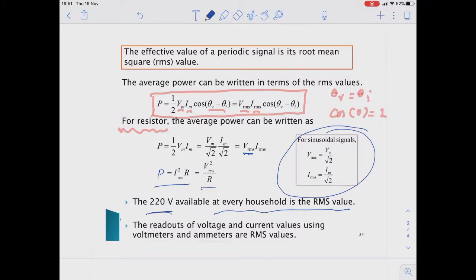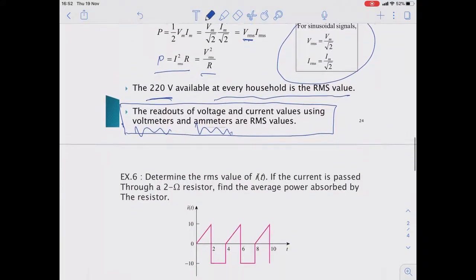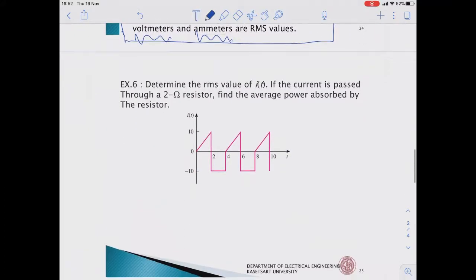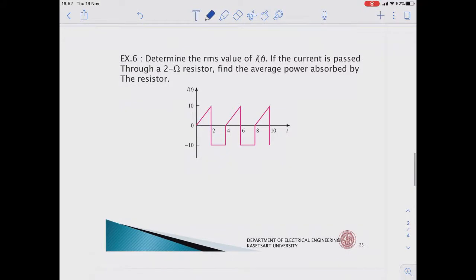And as I told you, the reason we have to derive the relationship between average power and RMS value is that the readout of all our meters is the RMS value, not the maximum value. If you would like to get the maximum value, we need to use an oscilloscope, and it's kind of inconvenient compared to using the voltmeter and ammeter.